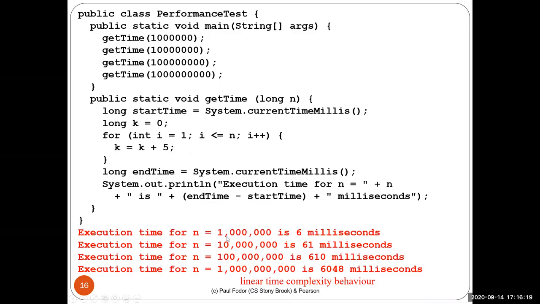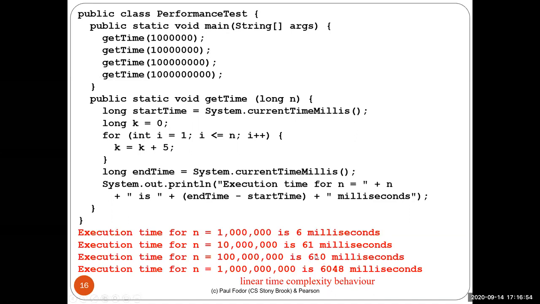I just ran it on my computer before the class. It took 6 milliseconds for n equal to 1 million, 61 milliseconds for n equal to 10 million, so almost 10 times bigger. For n equal 100 million, it will take 610 milliseconds.